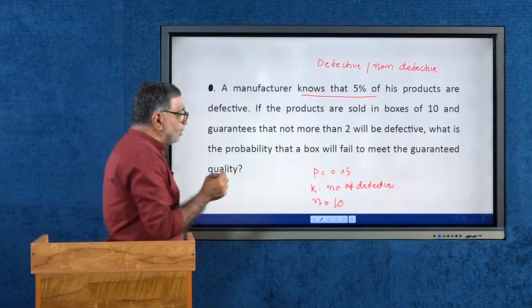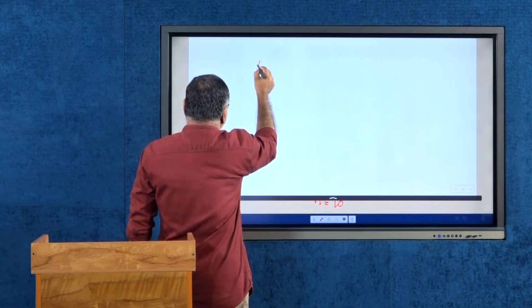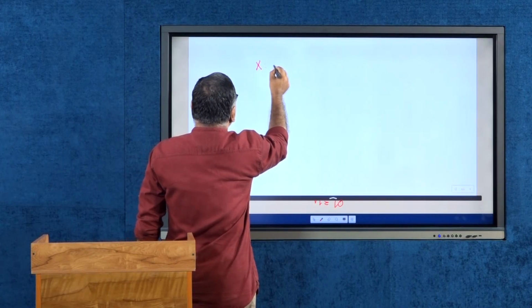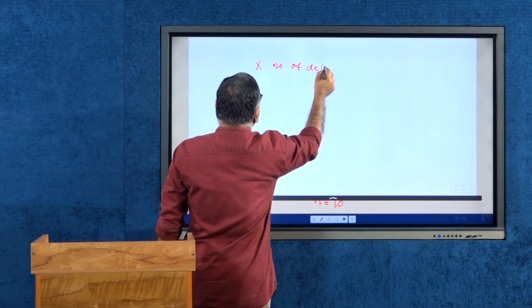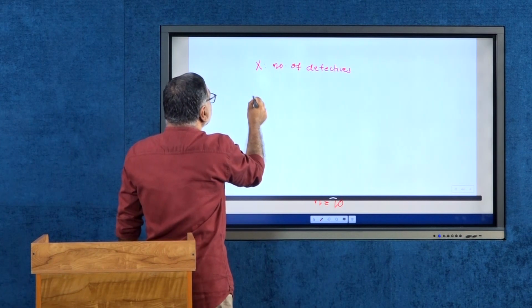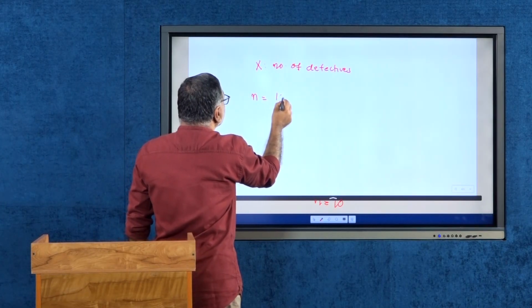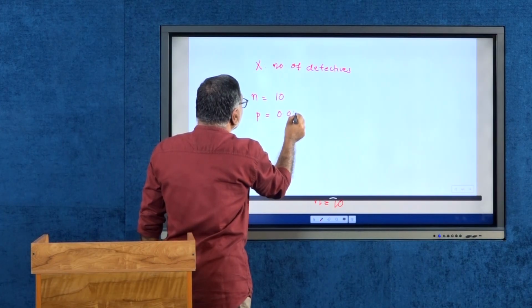So, the probability mass function: X is the number of defectives, n is equal to 10 and p is equal to 0.05.